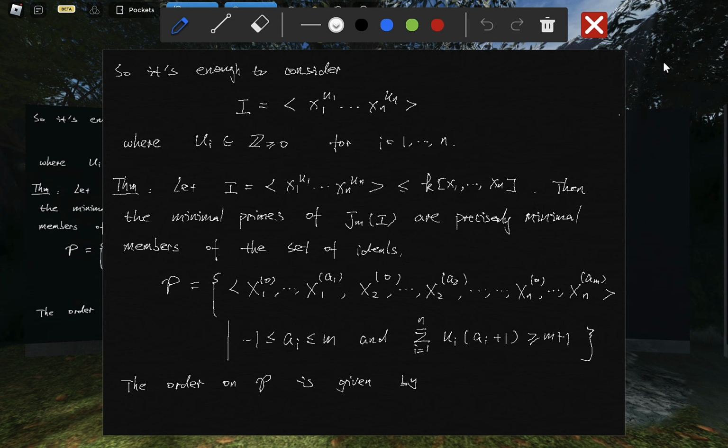This one is smaller than this one if and only if each ai is less than or equal to bi.